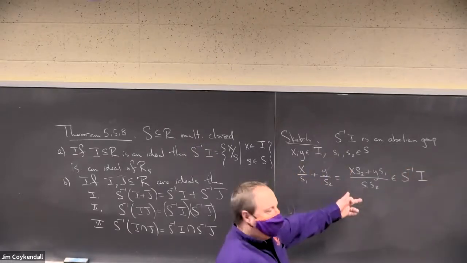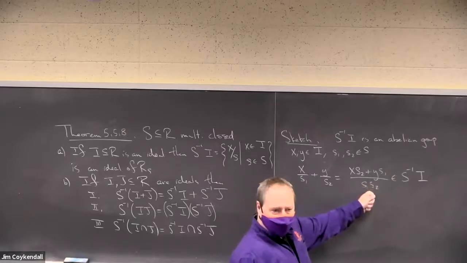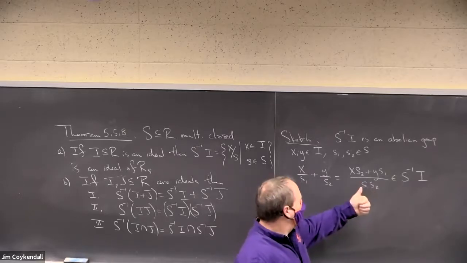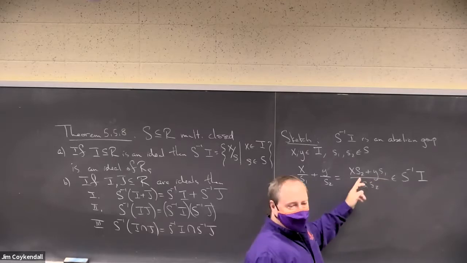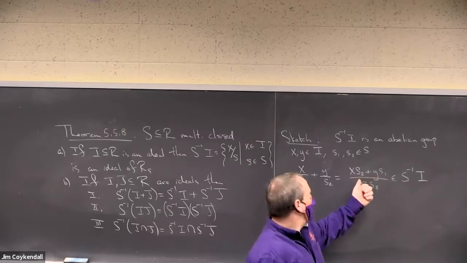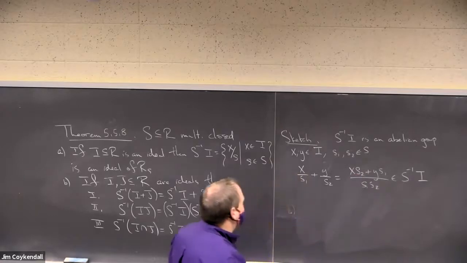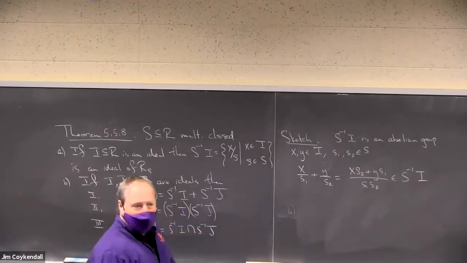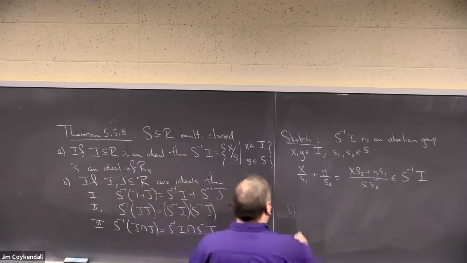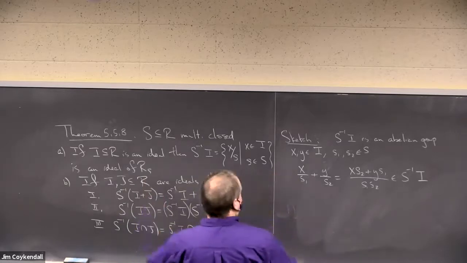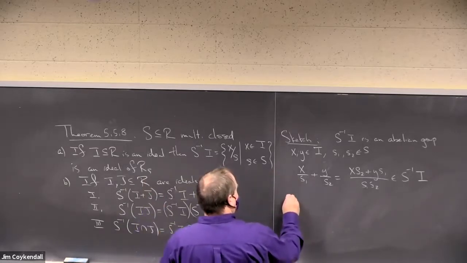This is in S inverse I because my denominator is still an S, good to go. And the numerator is actually in I because I is a vacuum cleaner and it sucks in the s1 and the s2. Now, how about the ideal absorbing property? That is an elementary consequence of the way we multiply these things.